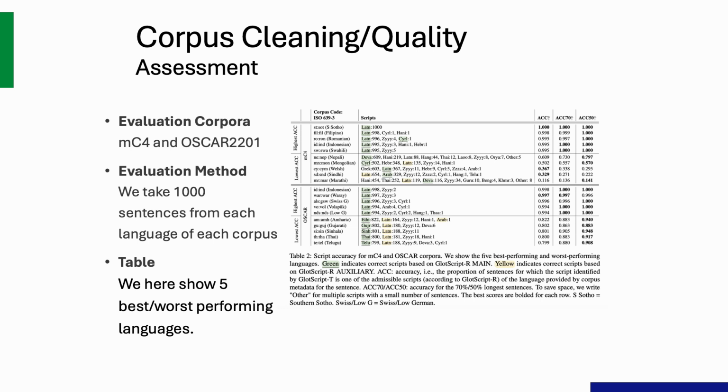So the GlotScript tool can be useful in that sense and do the script identification at sentence or document level. And also the GlotScript resource can be used as another source to make sure that the published texts are written in the actual writing system that those languages use.